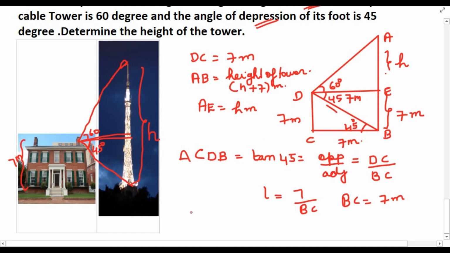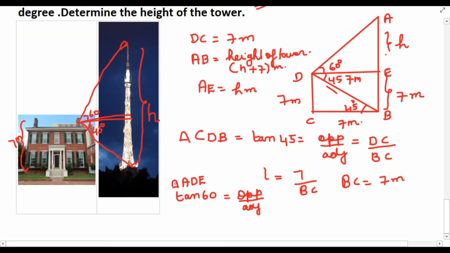Now we will write tan 60. When you write tan 60, we will consider the triangle ADE. So tan 60 will again be opposite side by adjacent side. The opposite side is AE, the adjacent side is DE, AE is h and DE is 7.